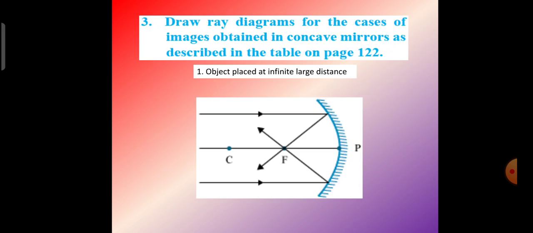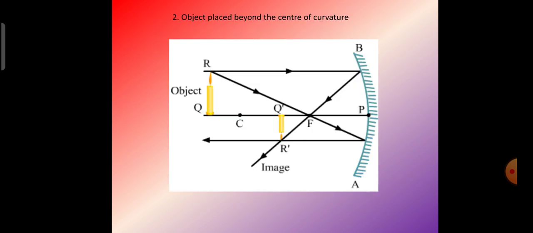Draw a ray diagram for the cases of images obtained in concave mirror as described in the table on page number 122. So, this is the first case where the object is placed at an infinitely large distance. Second case, object placed beyond the center of curvature.